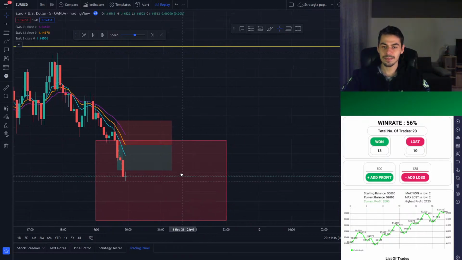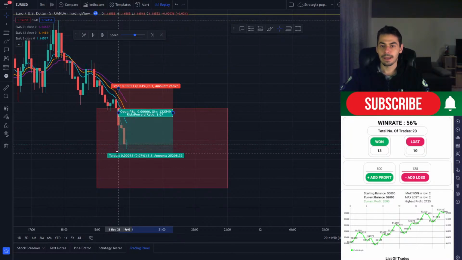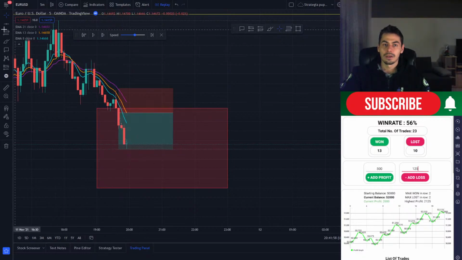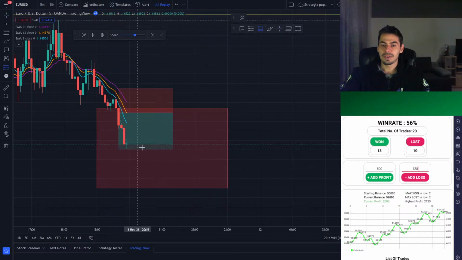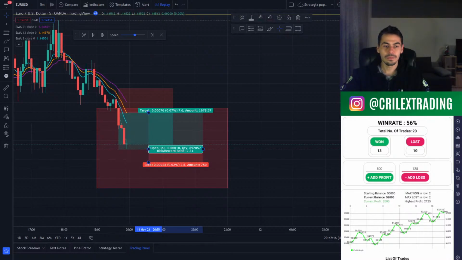The 1-to-1 has been hit, and now at 1.5-to-1 again we will do the hedging, which has already been triggered. So we will be in a buy position on this level as well, with a risk of 0.25%, again targeting 2.75%.